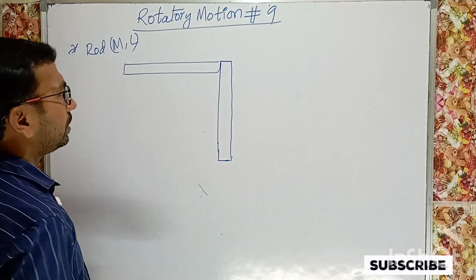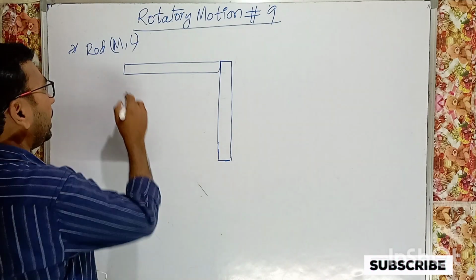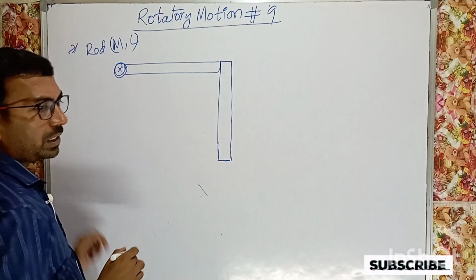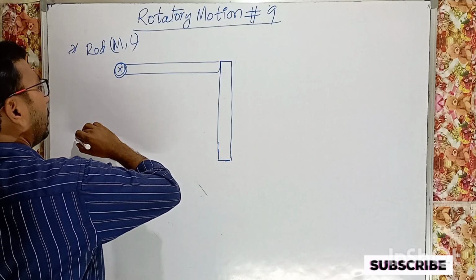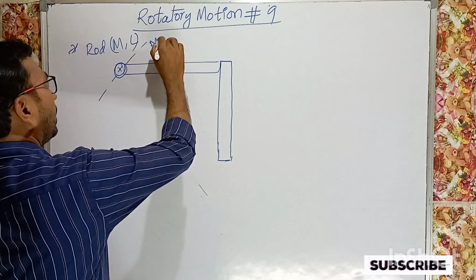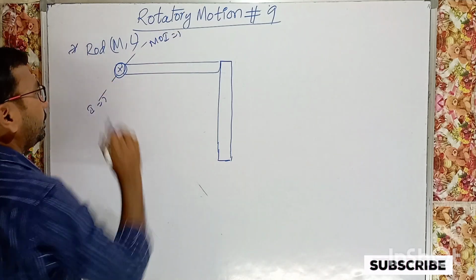This also has mass m and length l. You can find the moment of inertia about this axis.